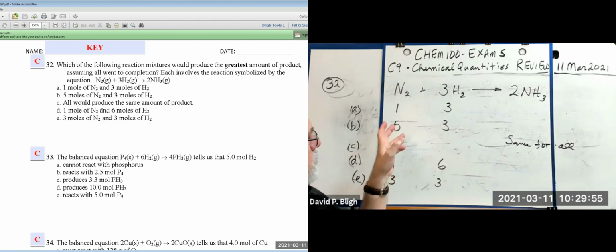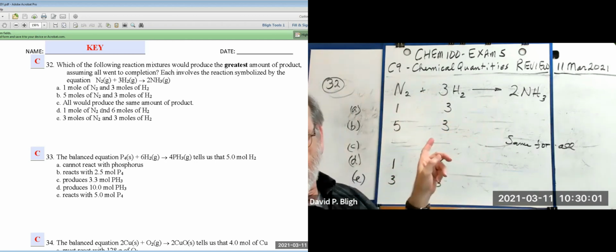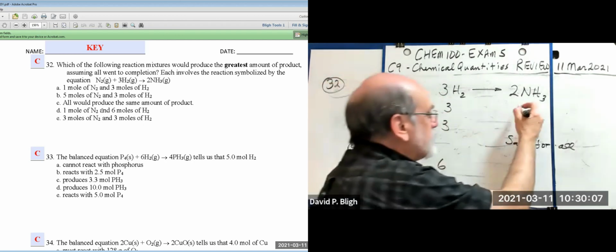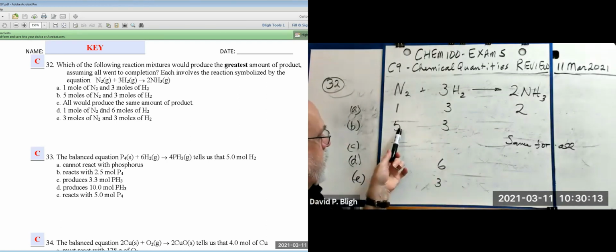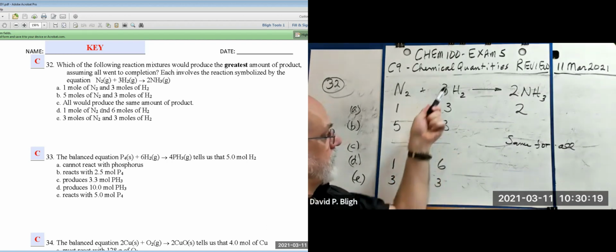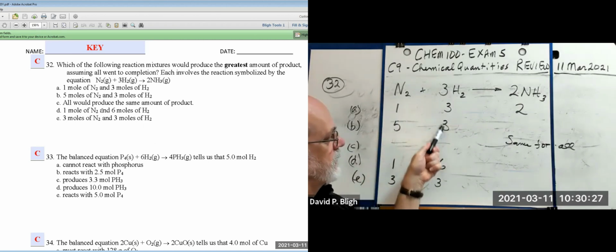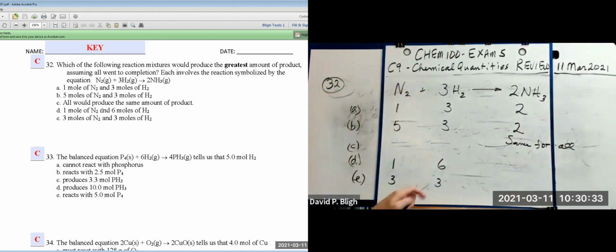So with this information, this is 1 to 3. Those are stoichiometric ratios. Exactly 1 and exactly 3, which means exactly 2 would be produced. Okay? For this one, 5 and 3. So there may be a limiting factor here. 3 of these would require how many of these? Just 1, right? So this is excess. That's limiting, and 3 produces 2. On this one, 1 requires 3 of these, right?